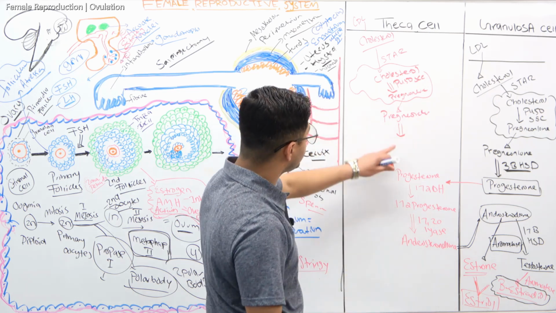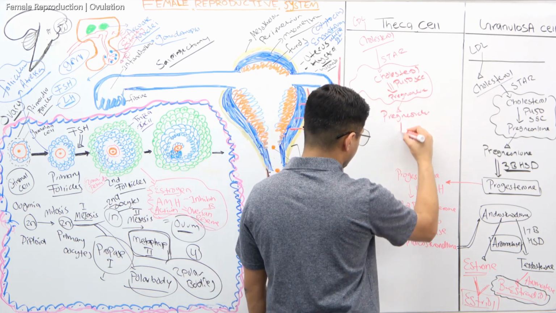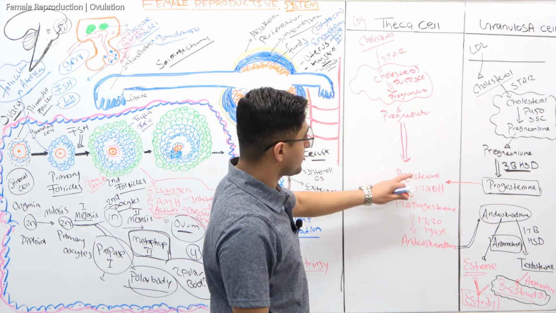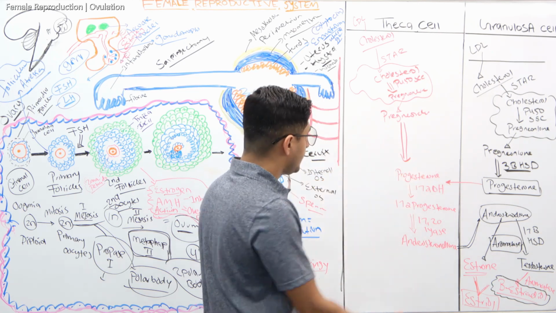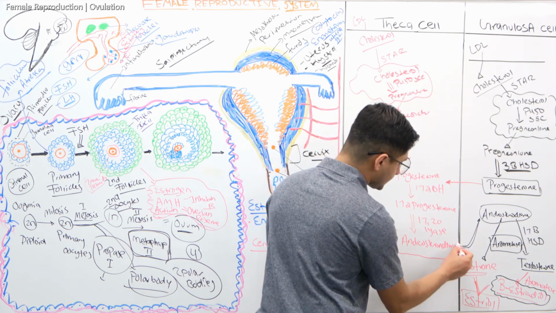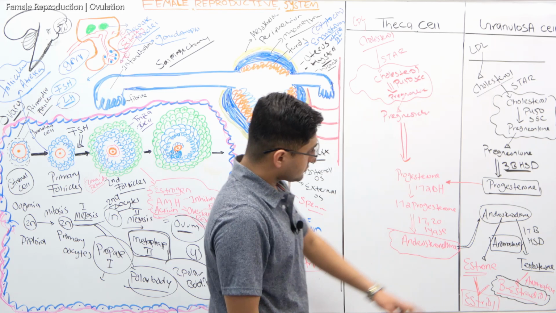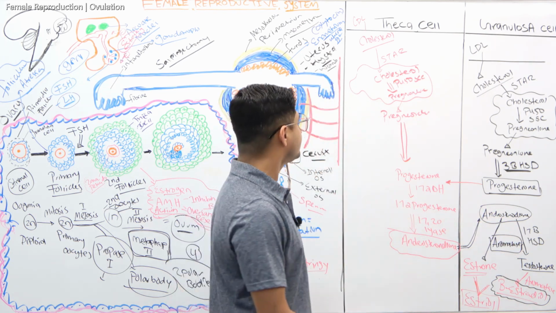These get converted into progesterone, with the 3-beta hydroxysteroid dehydrogenase. And this progesterone will go on to make the androgen compound, and the androgen will diffuse to the granulosa cell to make estrogen. That's how it works. So beautiful, right? So beautiful.